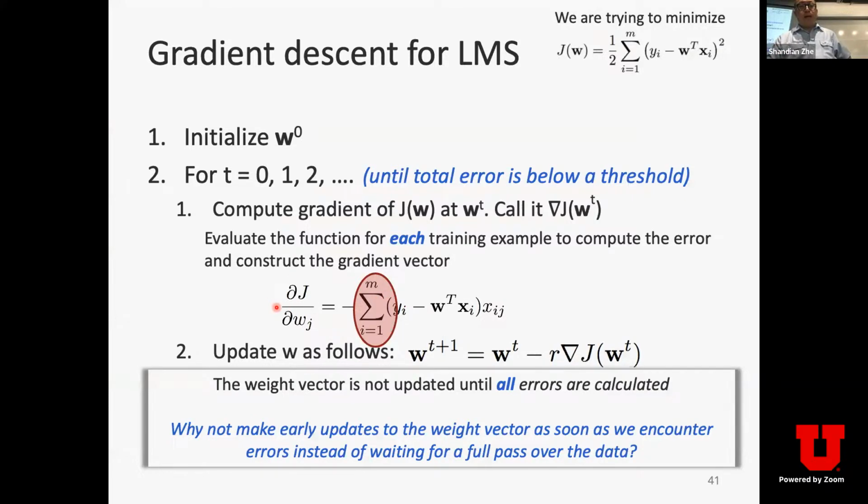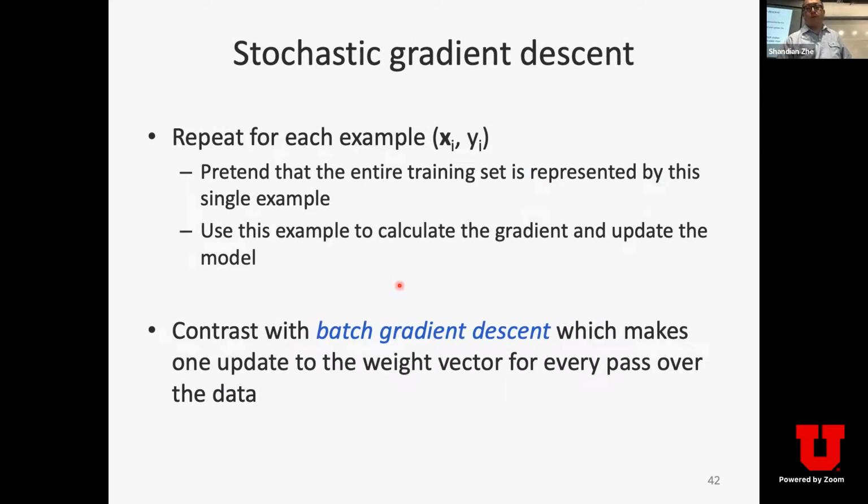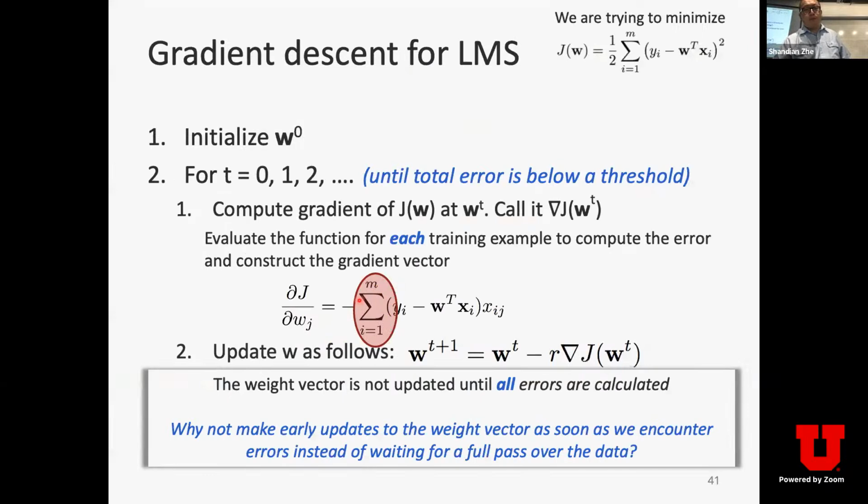every time we compute the exact gradient, we need to go over all the training examples, right? So if you have a huge number of training examples, even calculating the gradient once will be very, very expensive, right? So that's why people came up with the idea called stochastic gradient descent. The intuition is that every time I want to perform standard gradient descent, I need to go over all training examples to get one gradient, right?